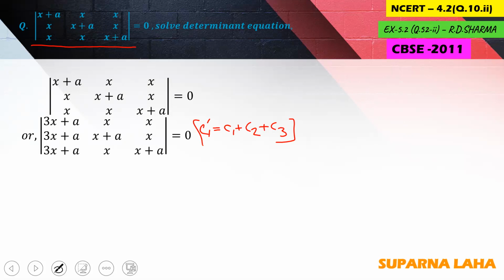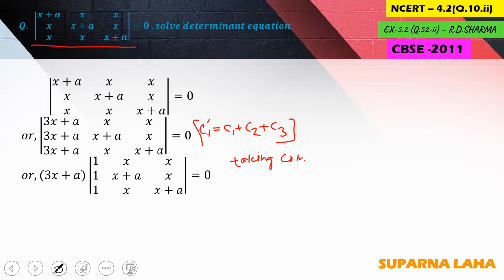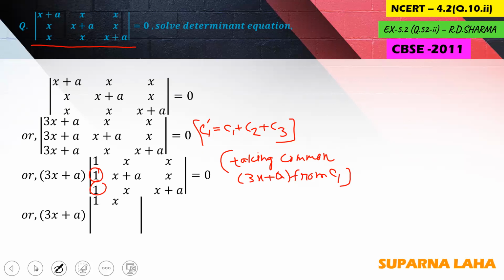Okay, so 3x plus a. Now take common this 3x plus a from the first column and write it down. Taking common 3x plus a from C1. Now after taking common, look at the first column: 1, 1, 1. So make these 2 elements 0.